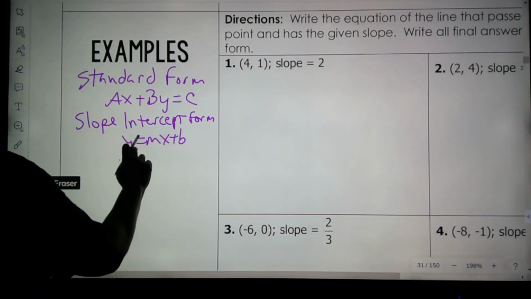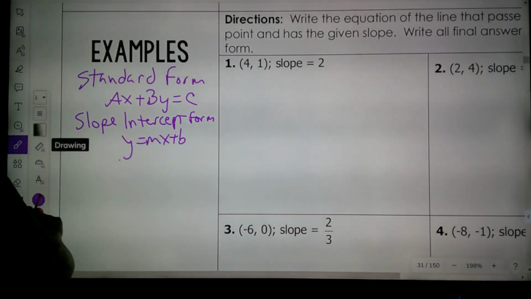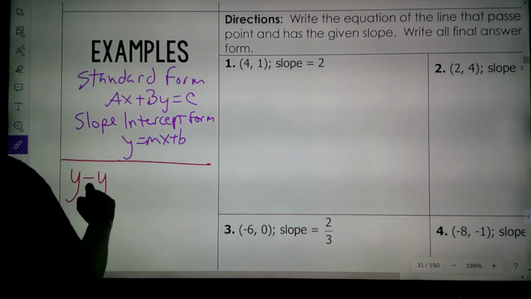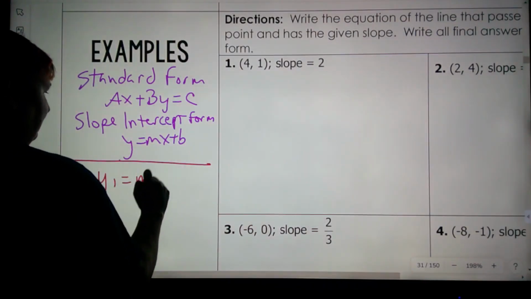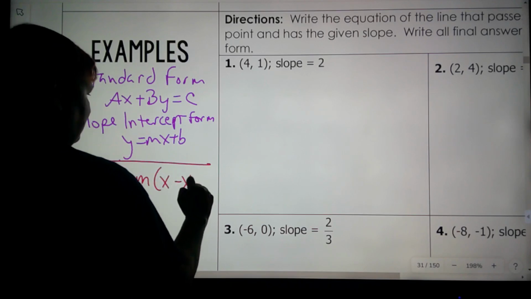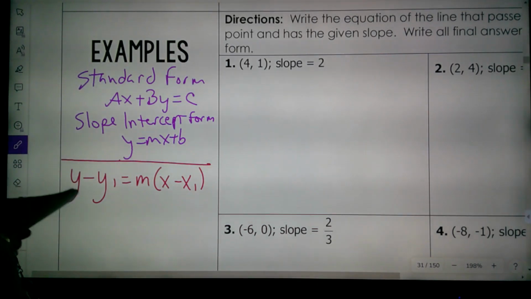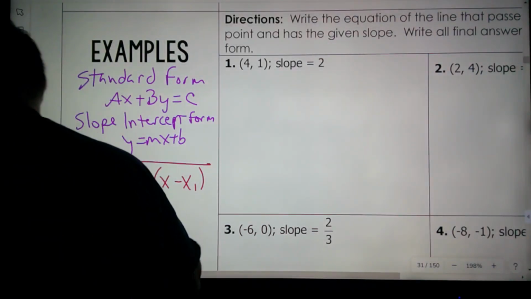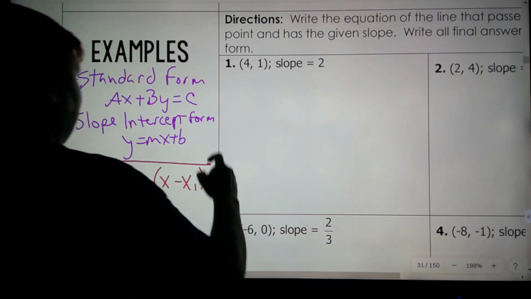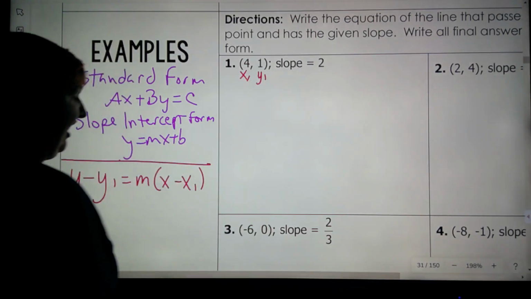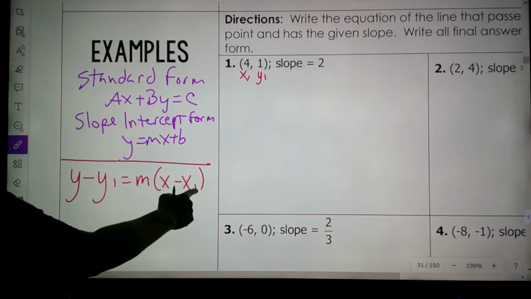Let's see. Formula: y minus y1 equals m times x minus x1. Write it as many times as you need to. So, this is your first x, your first y, x1, y1.